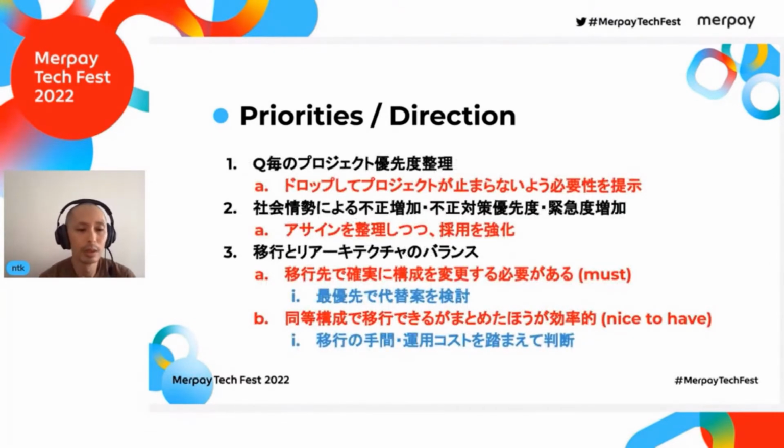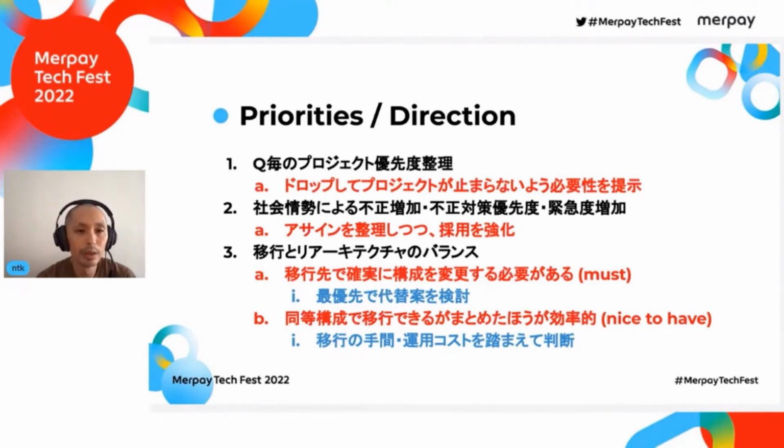These are the actions we took. As for changing priorities within the company, we need to make sure that the project does not stop. We presented the needs and current status of the project and the risks in case of stoppage. By doing so, we maintained the priority of the project to keep it running.